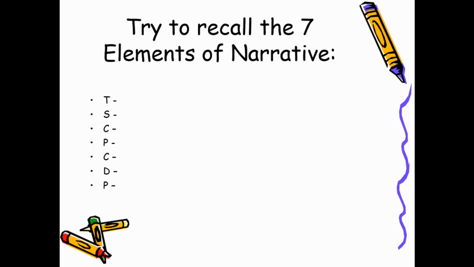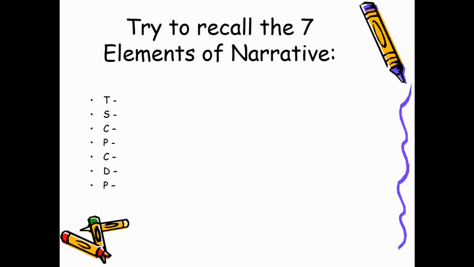Let's see if you can remember your mnemonic device and if you can remember the 7 elements of narrative writing. So my one was the small chicken painted cars during parties. Can you remember what you decided to use? What did the T stand for? SCPCDP.